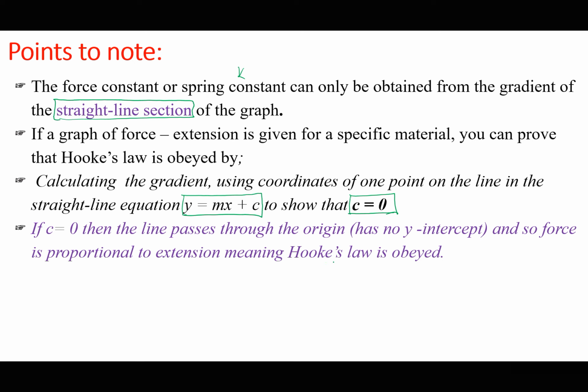That would mean the load is perfectly directly proportional to the extension. For Hooke's law to be obeyed, the graph must go through the origin. This is very important. If the graph of force against extension does not pass through the origin, Hooke's law is not obeyed.